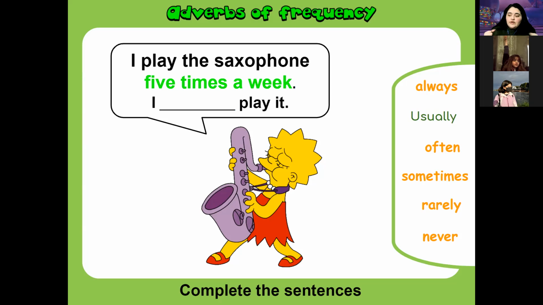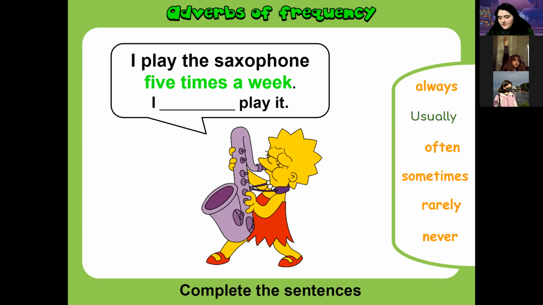5 times a week, we have 7 days in the week. So if we take 5 of them, there are 2 days that we didn't do that. That means that we usually do that, but not always. It's more like I go to school 5 times a week, but I don't go to school on Saturday or Sunday. So those days are not part of the always.